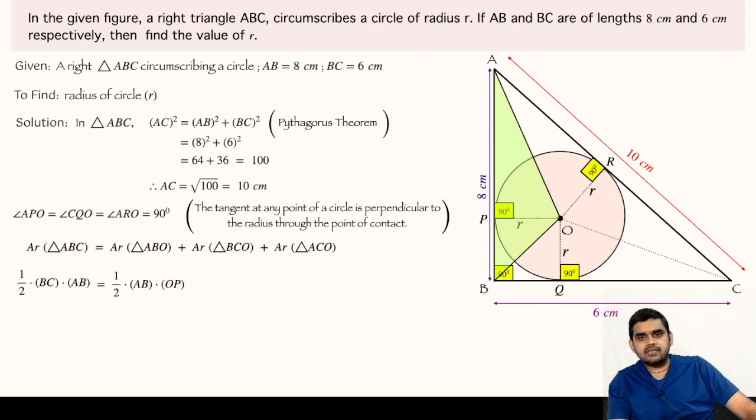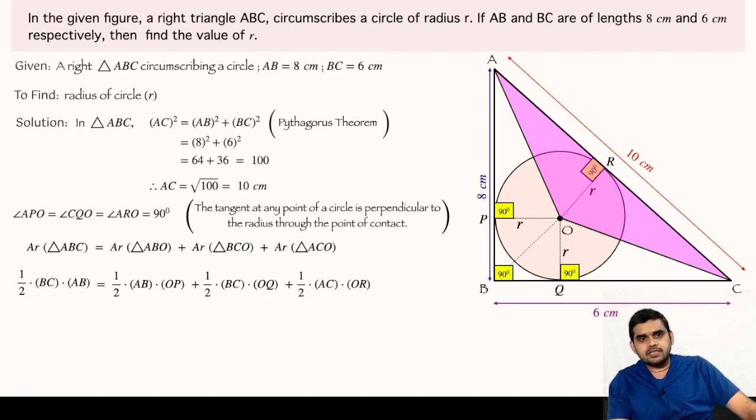So its area will be half times AB times OP. Now let us focus on triangle BCO. Its area will be half times BC times OQ. And likewise, for triangle ACO, the area will be half times AC times OR.